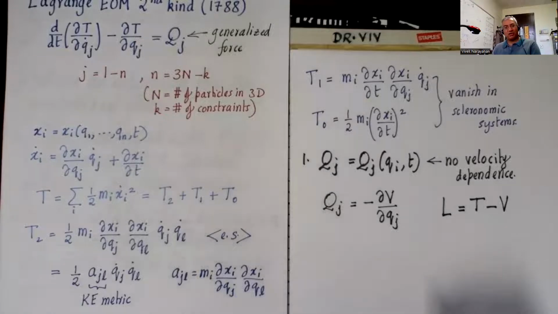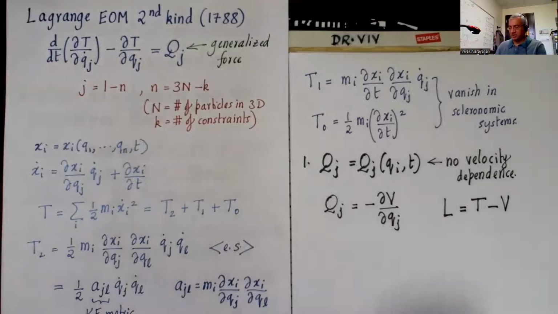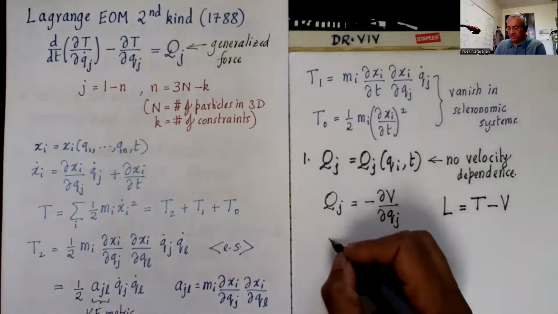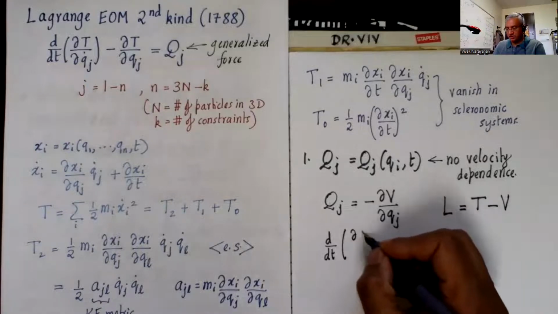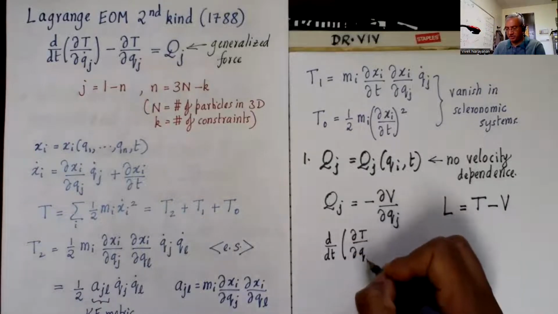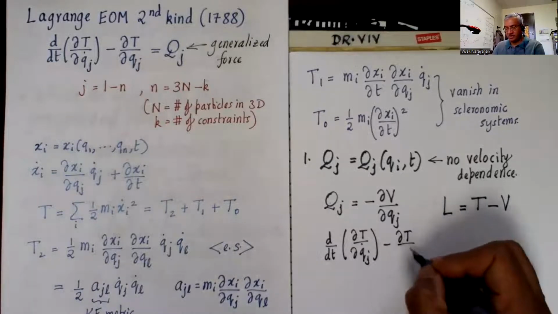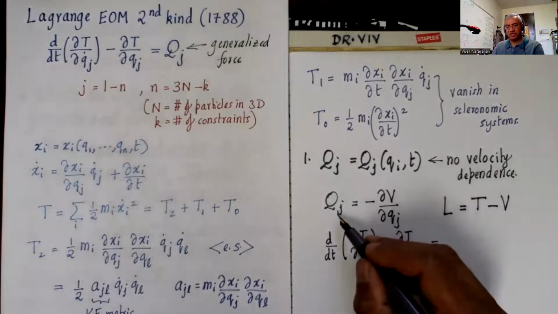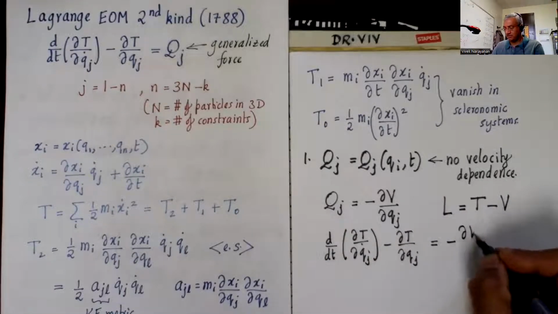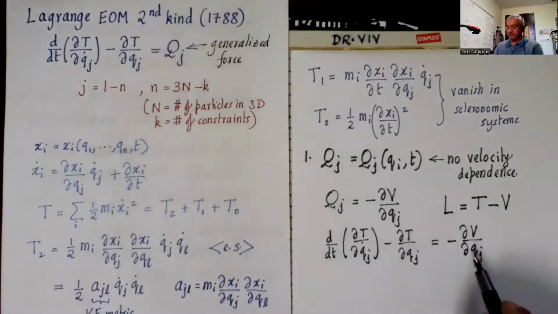And I'm going to write the Euler-Lagrange equation of motion of the second kind using this. So I'm going to get d by dt del T over del qj dot minus del T over del qj is equal to Qj, which is negative del V over del qj. Now you observe that this side only depends on qj.